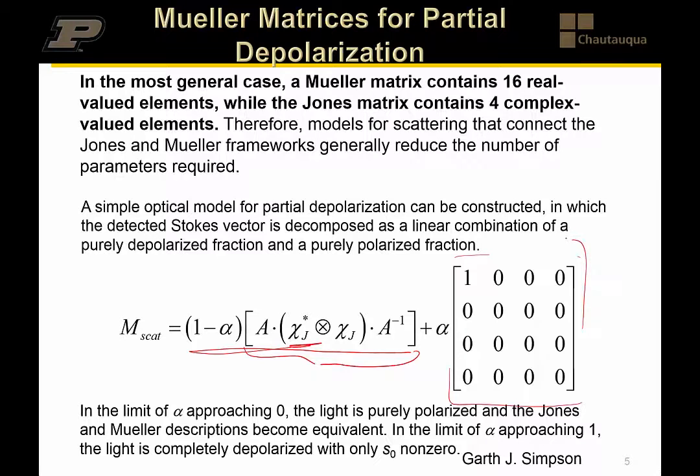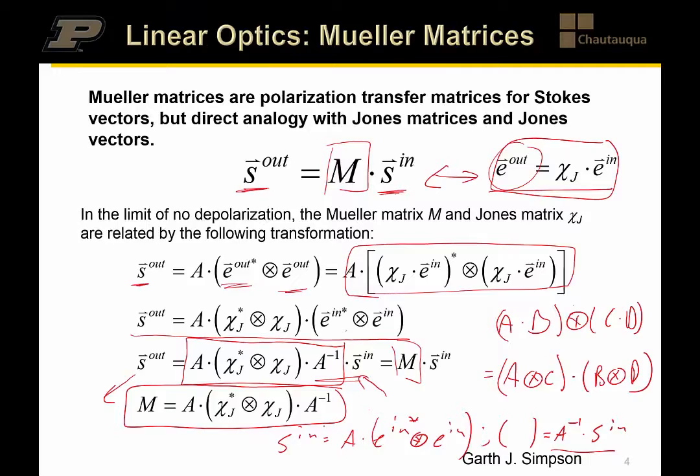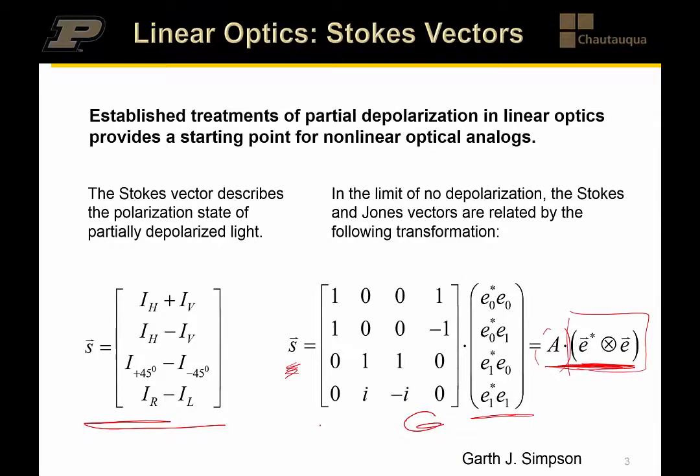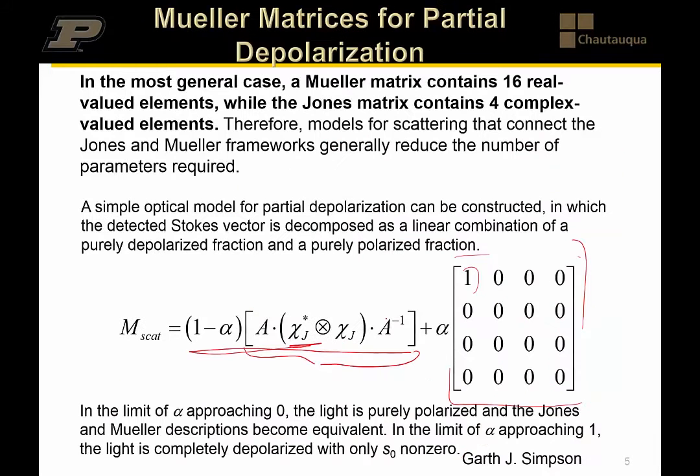And for an isotropically unpolarized system, the 0,0 entry in the Mueller matrix will be non-zero. What that means, if you go back to what the Stokes vector is defined to be, is that for something that is completely depolarizing, no matter what you put for the input, only this first term here is going to be non-zero, because the others are going to cancel out in an isotropically scattering system. That will cancel out, and that will cancel out. So you'll be left with just the S0 no matter what your input is. And that leads to that form for the Mueller matrix.